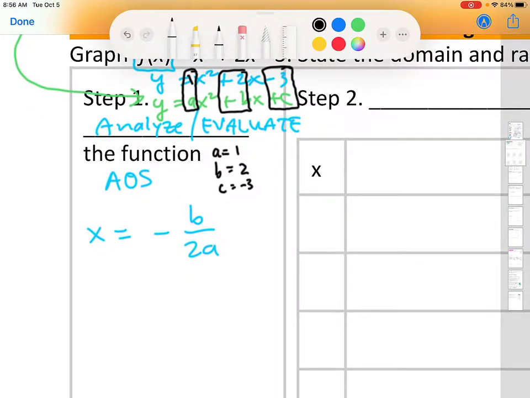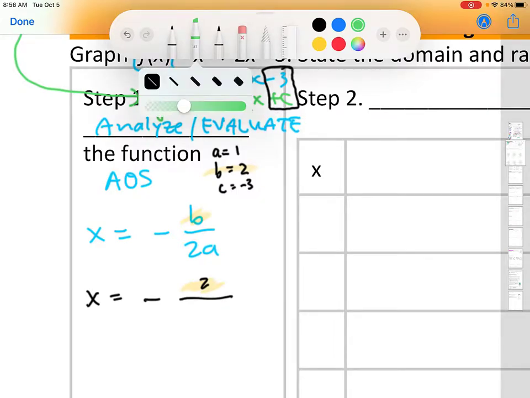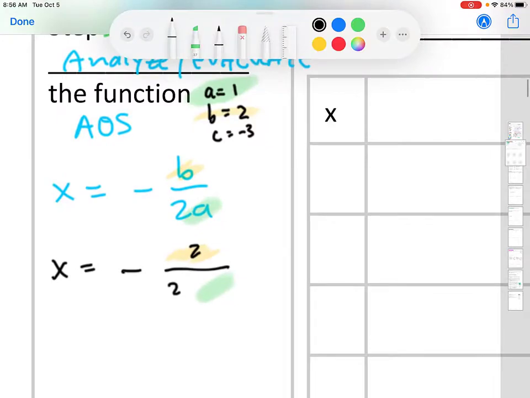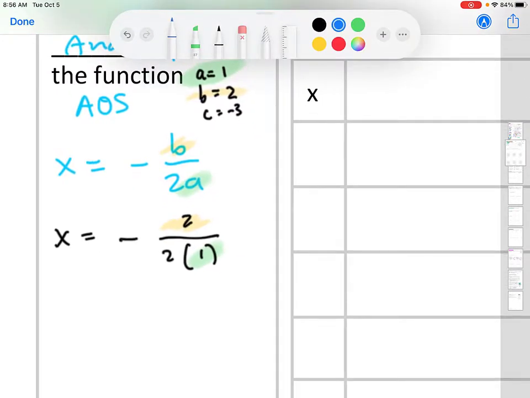Okay, let's go ahead and find the axis of symmetry. So I'm going to have x equals negative, my b value, which is 2, will go here. And then my a value, which is 1, is going to go right there, times 2, right next to the 2.